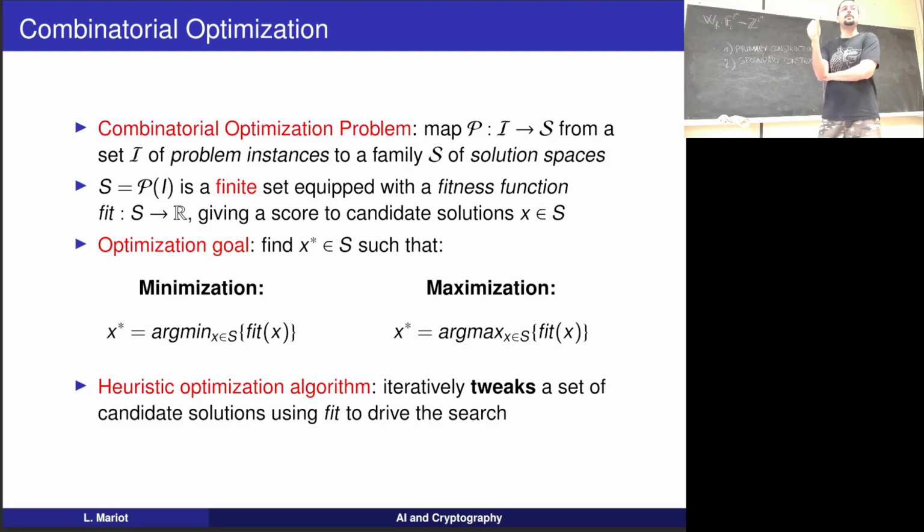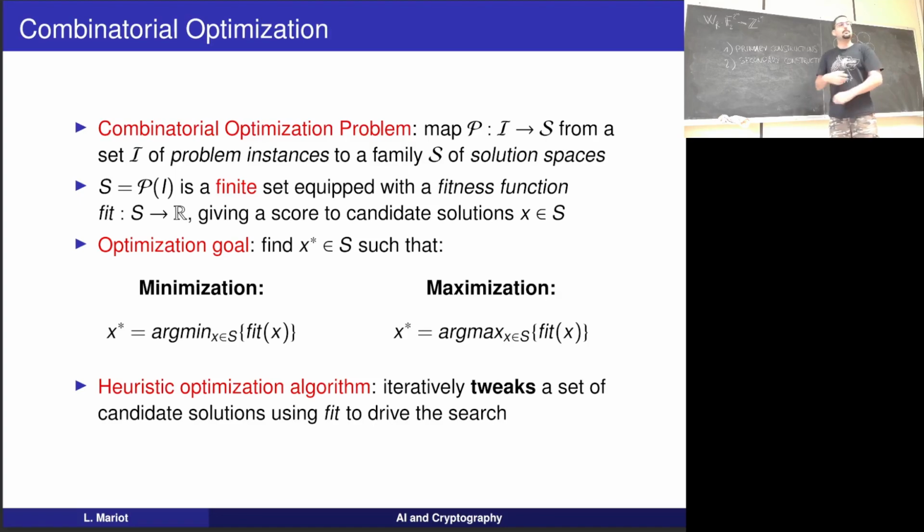So something that is able to tell us, if we take a solution, how good it is at solving our optimization problem. And then the optimization goal can be either to minimize, so to take the argmin, so the argument, the candidate solution that is minimizing such a fitness function, or symmetrically to maximize it. So we take the argmax.